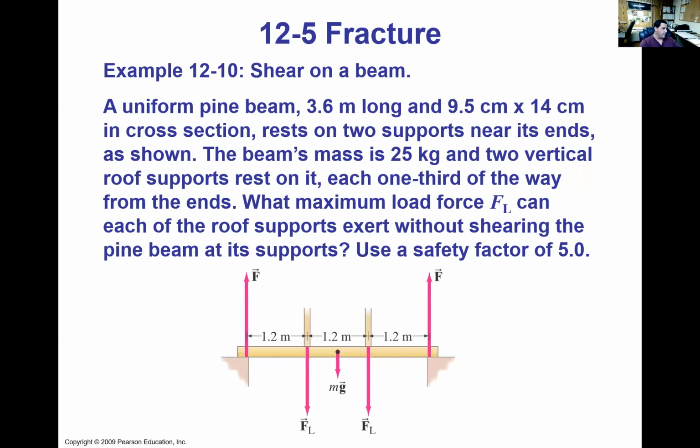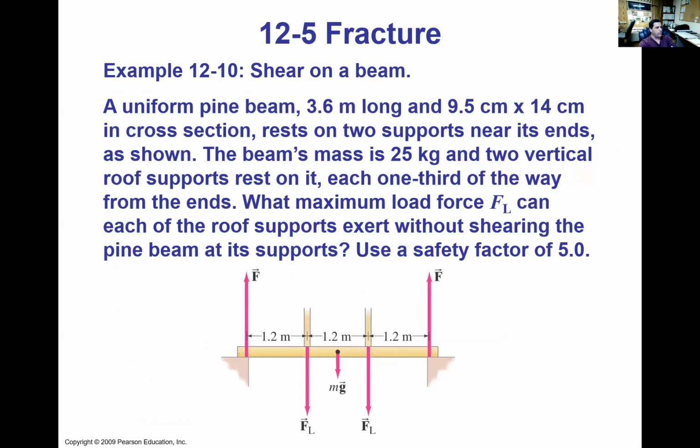So fracture on a beam. You have a pine beam that's 3.6 meters long. Okay, it has dimensions of 9.5 centimeters by 14 centimeters as its cross section. It rests on two supports at its ends, and the beam has a mass of 25 kilograms. There are two vertical roof supports resting on it, and they gave the dimensions to those supports below.